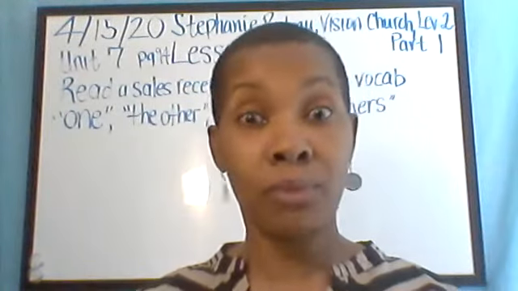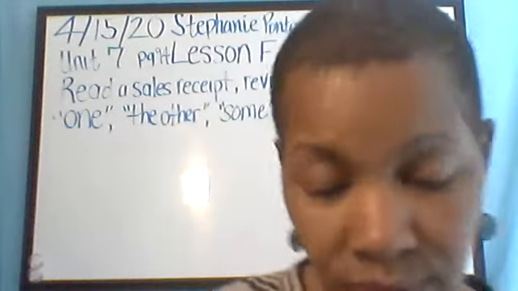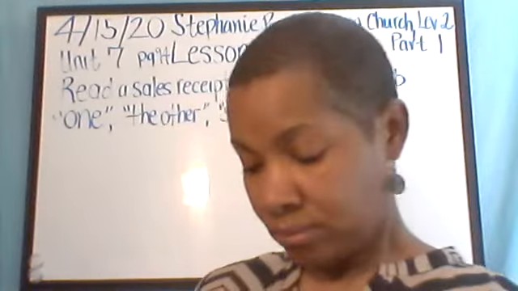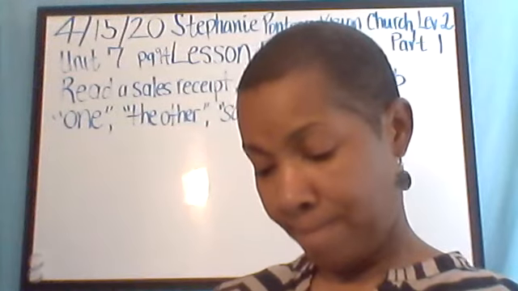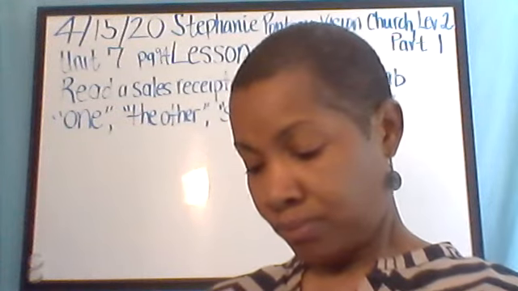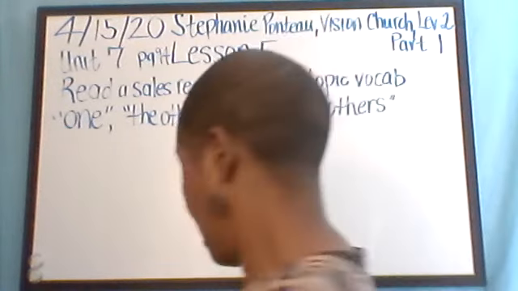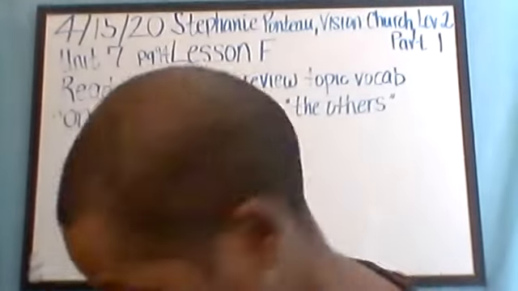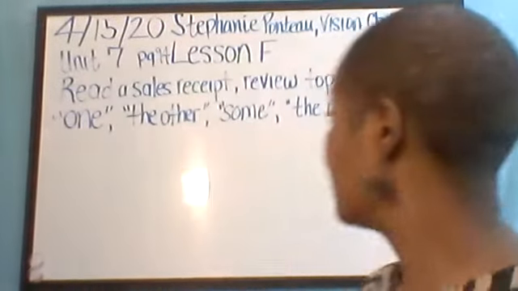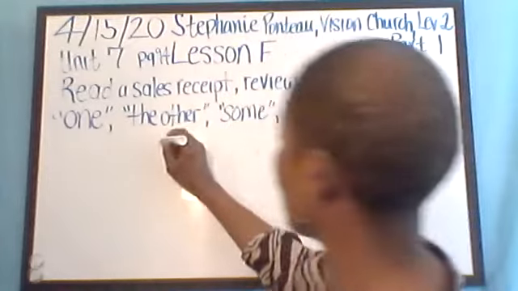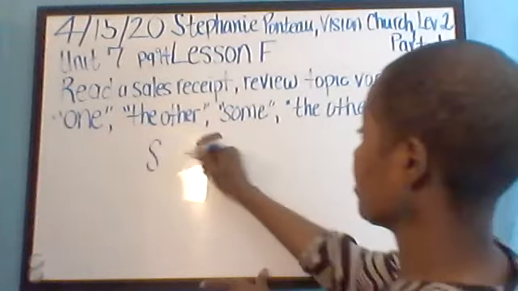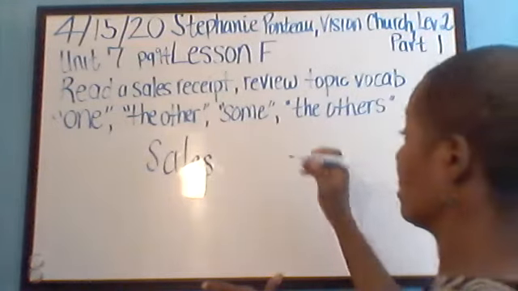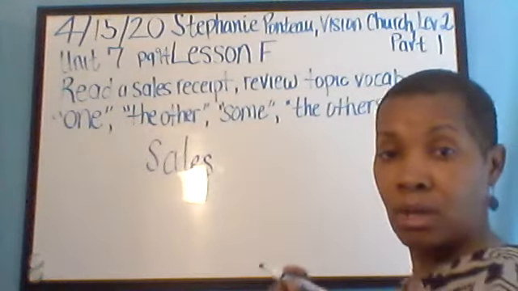So let's say I'm done with my grocery shopping. We've just been looking at my receipts. All right, so we're going to look at, what did I do with my pen? Okay. Sales, hold on.